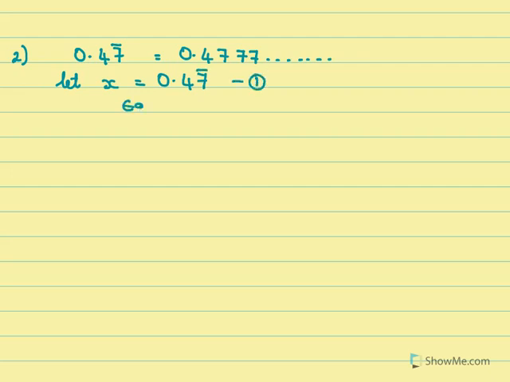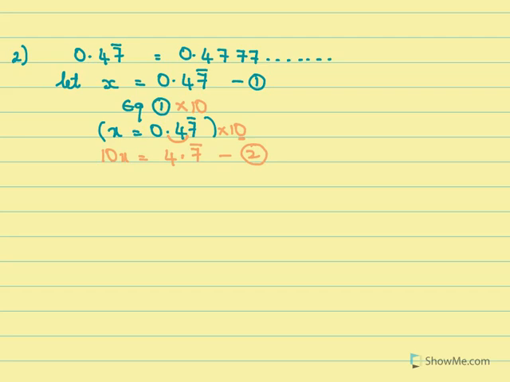This is my equation 1, and the equation 1 I'm going to multiply now by 10. So equation 1, that is x equal to 0.47 bar, and we'll now multiply it by 10. You get 10x equal to, now multiply by 10, so the decimal will come here, so it will be 4.7 bar. This is my equation 2.